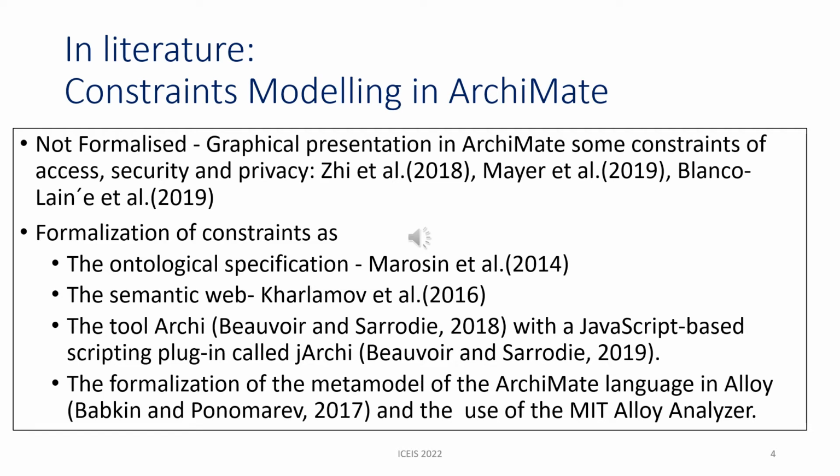There is a formalization of the meta model of ArchiMate language into the Alloy language to use the MIT Alloy analyzer. There is a scripting plugin, Archi, for formalization. However, the identification of constraints is seen as a real challenge by many authors.